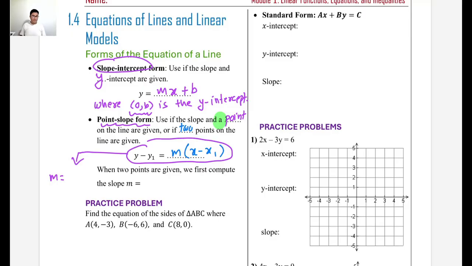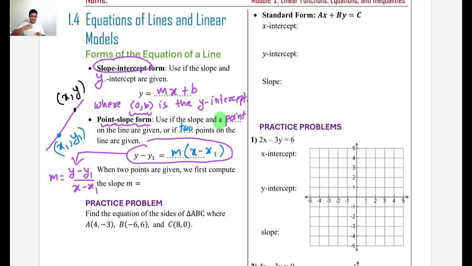If you try to solve for m there, what are you getting? Y minus y1 over x minus x1. So x1, y1 is a point on that line. Think about it. x1, y1 is one of the points on that line, and that xy could be any other point on that line.